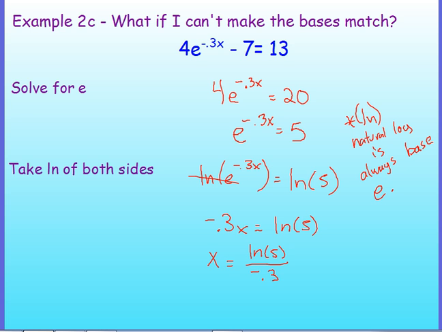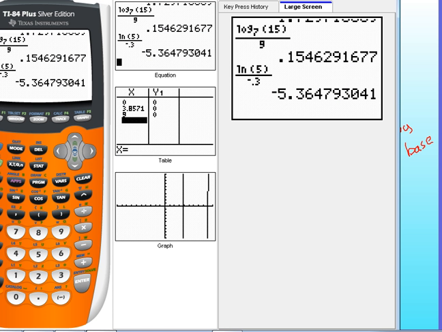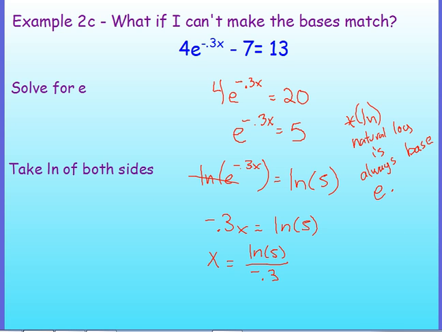Did everybody get the right answer? I just pressed the ln button. So x is approximately negative 5.365.